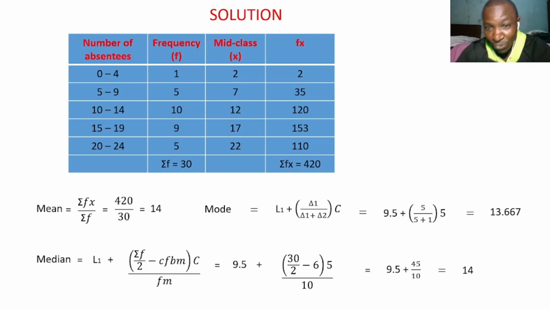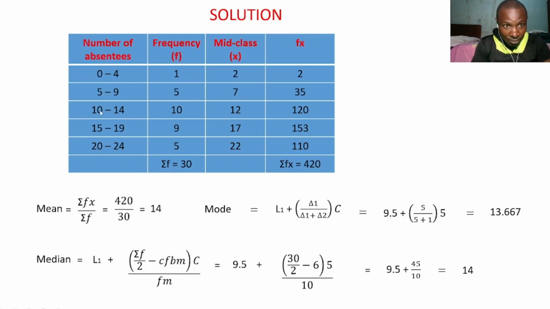Remember that when we started this topic of statistics, we said that the mean, median, and mode are what we call the measures of central tendency. It always aims to determine the value at the middle of the spread. If you look at everything we have, approximately everything is tending towards 14.